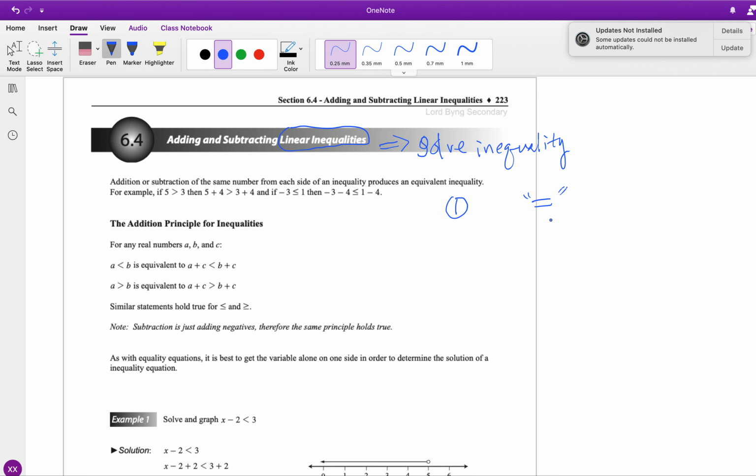The inequality will be something looking like that, or something looking like that. Take a look at this. Now we're solving for what x is.